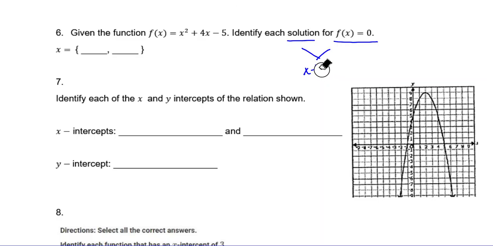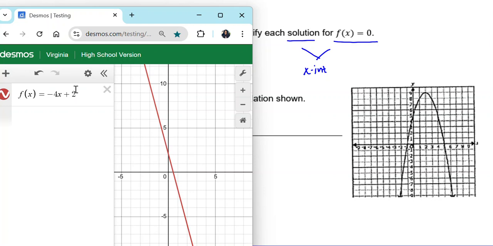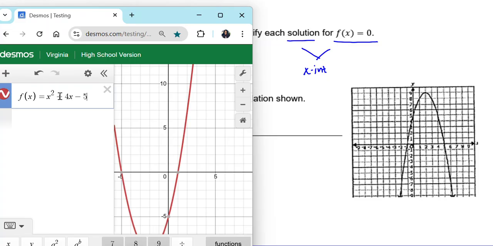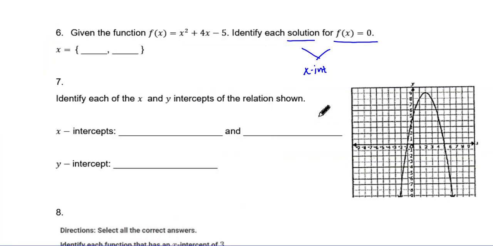So let's graph it: x squared plus 4x minus 5. The zeros of the function, or my solutions, are negative 5 and positive 1.